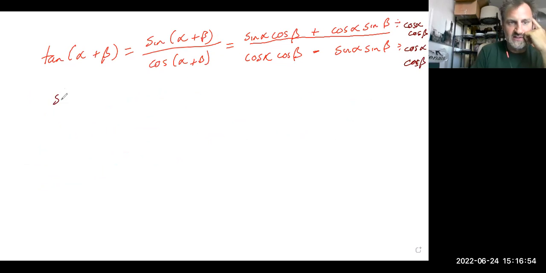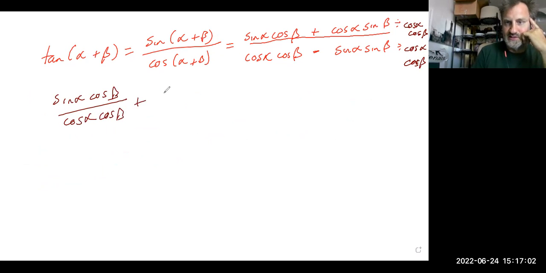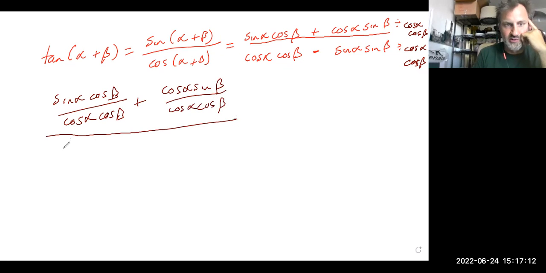So again, I got sine alpha, cosine beta divided by cosine alpha, cosine beta plus cosine alpha, sine beta divided by cosine alpha, cosine beta. See some tangents emerging there.